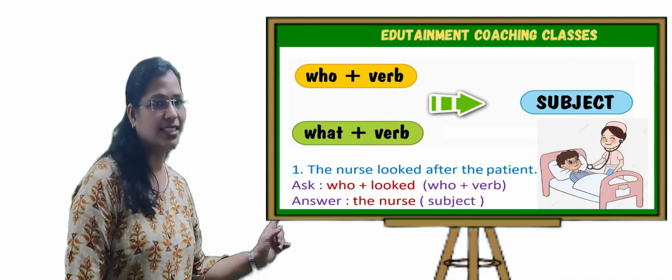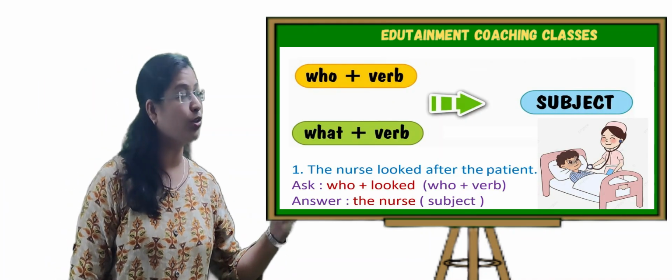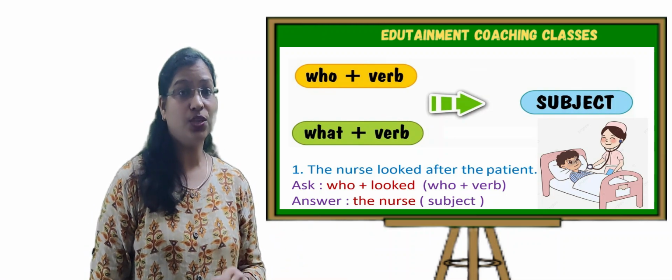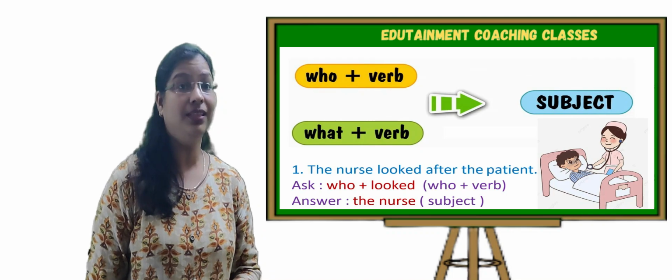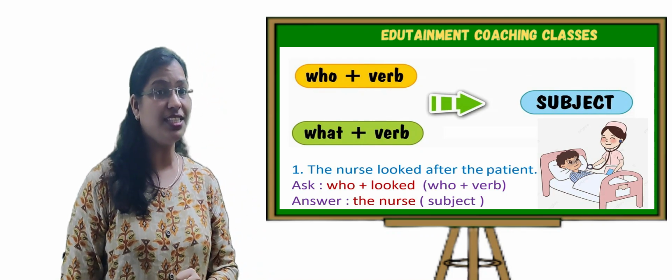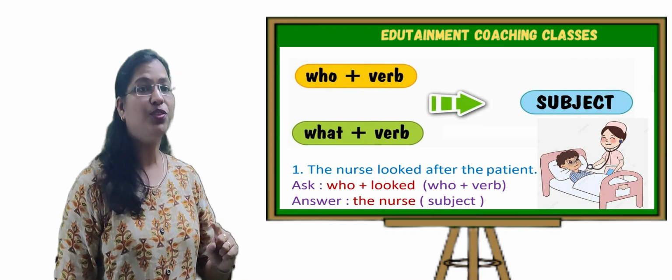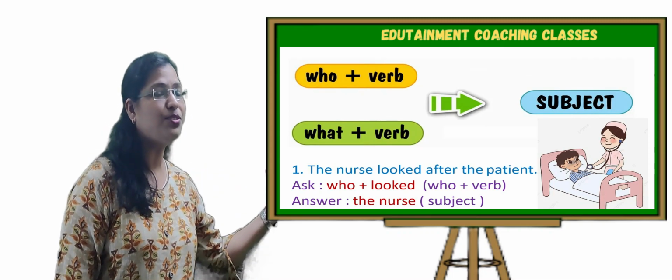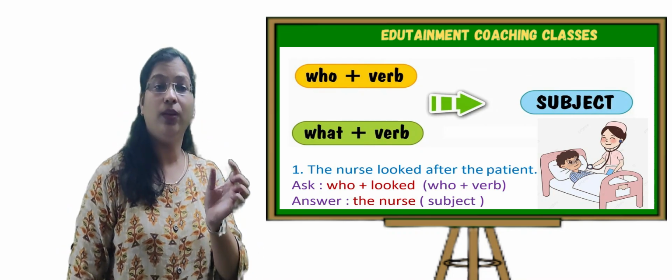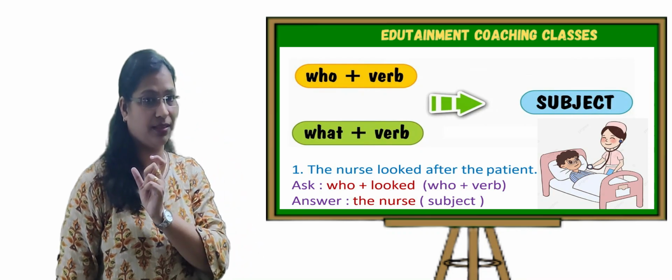Now let's understand this example. The nurse looked after the patient. So here, if you ask, who looked after the patient? The nurse. So the doer of the action is the nurse. So the nurse is the subject here. So if you ask who to the verb, you will get the subject.